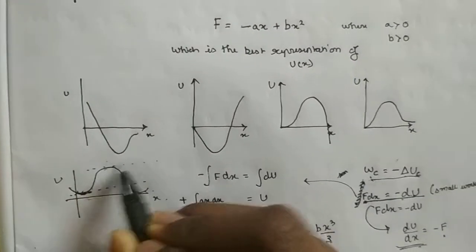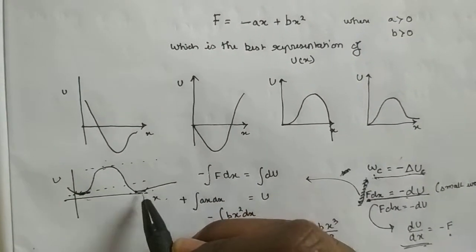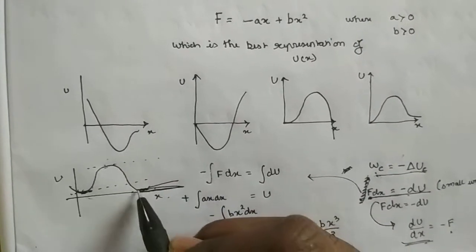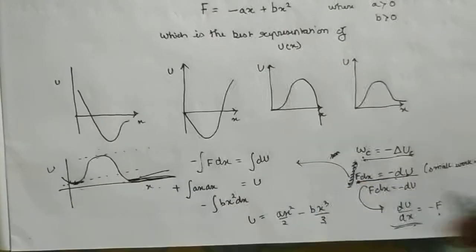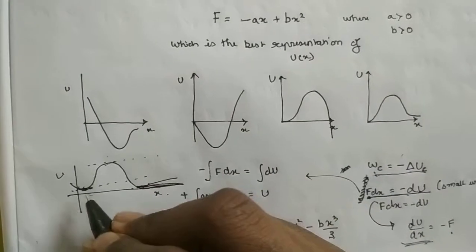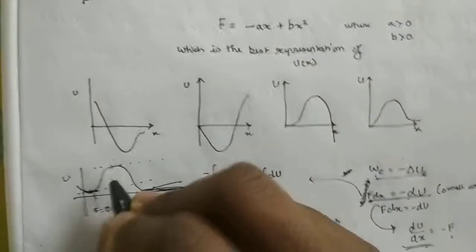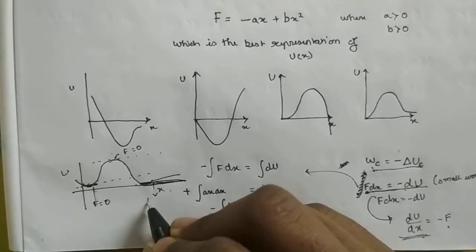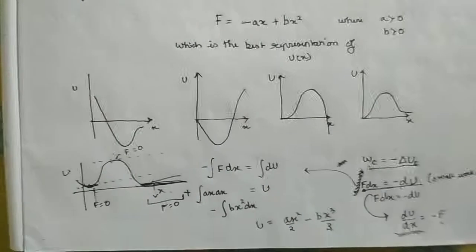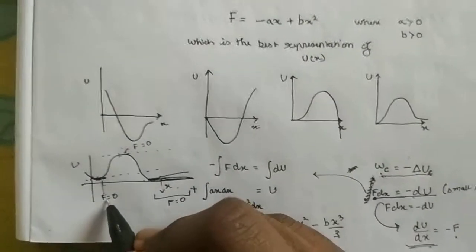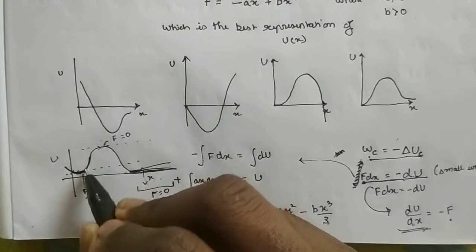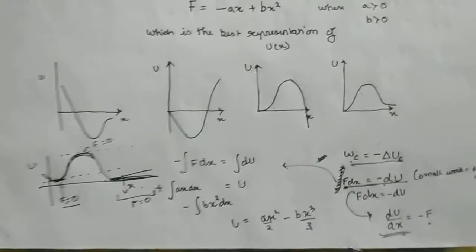Suppose the graph went straight, then the slope would be 0 at every place, and the force would be 0 everywhere. So for force to be 0, the tangent has to be 0.